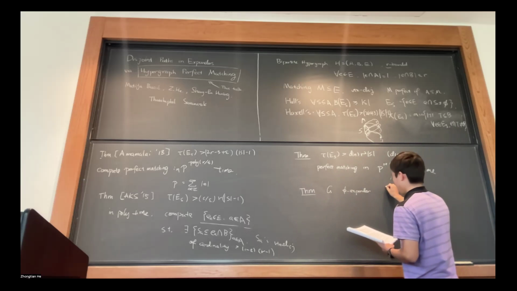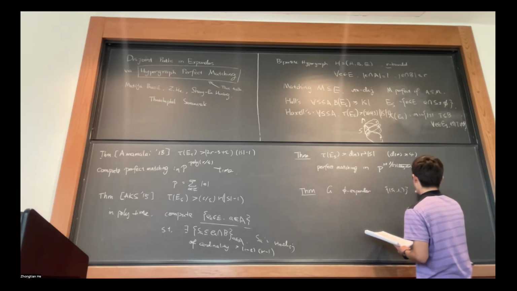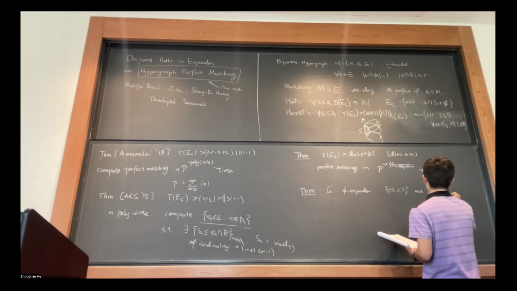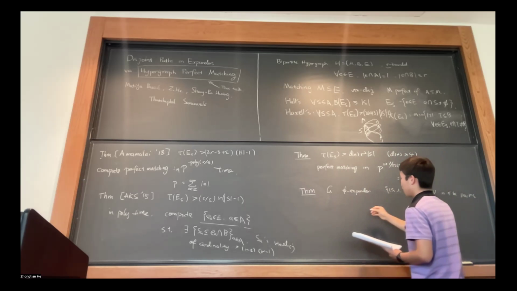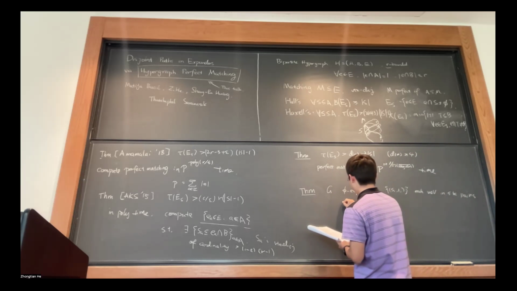And a set of terminal pairs such that each vertex is in at most k many pairs. And you have a mean degree delta.